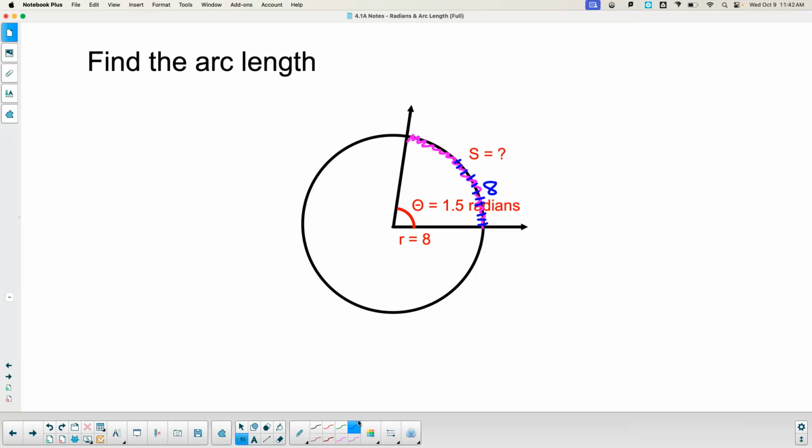And then I went half. Well, what's half of 8? 4. So I got a chunk of 8 and I got a chunk of 4, which makes the entire arc length 12 units long. Yes?